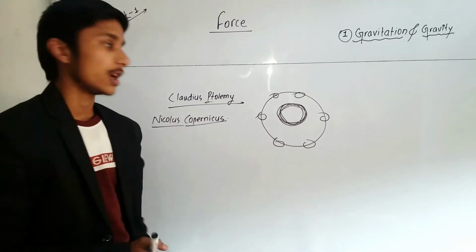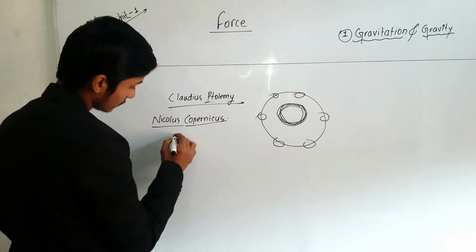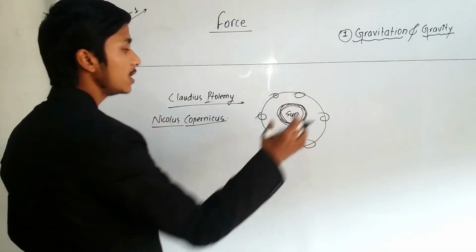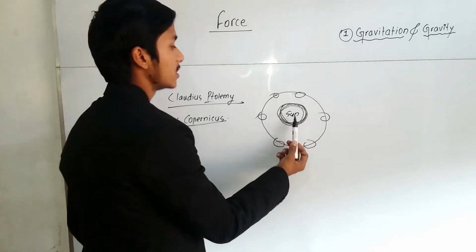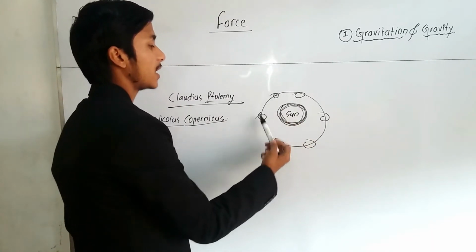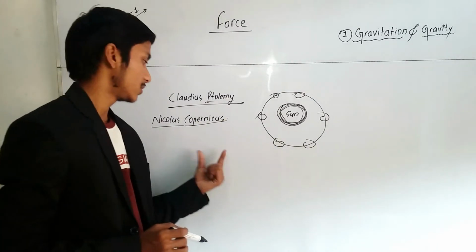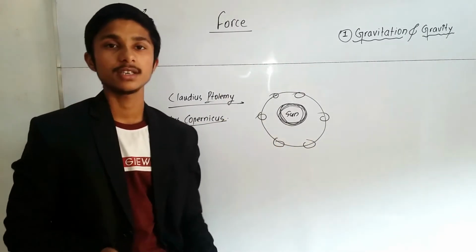It means, according to the heliocentric theory, the sun is at the center and every planet revolves around the sun. In the earlier theory, Earth was considered the center.